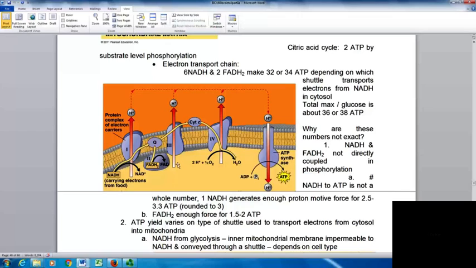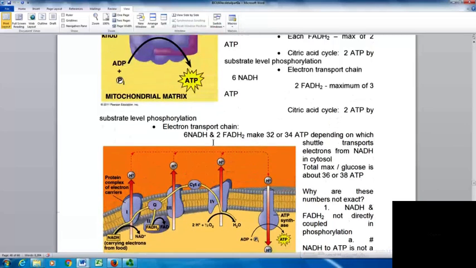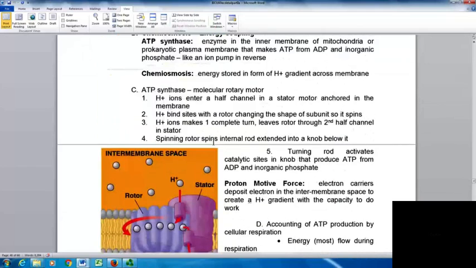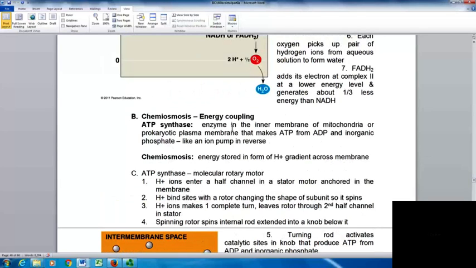FADH2, on the other hand, because it cuts in line a little bit, is only going to pump 2 hydrogen ions across the membrane. This separation of the hydrogen ions and the electrons is going to be what creates chemiosmosis. You're going to have the energy stored in the form of this hydrogen gradient across the membrane.